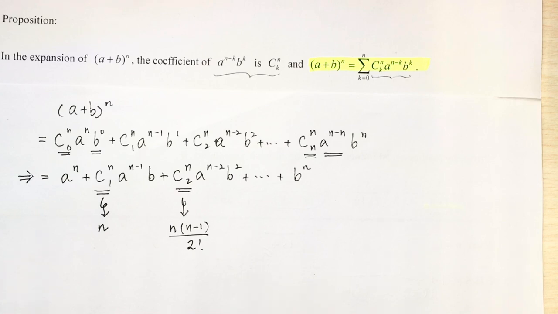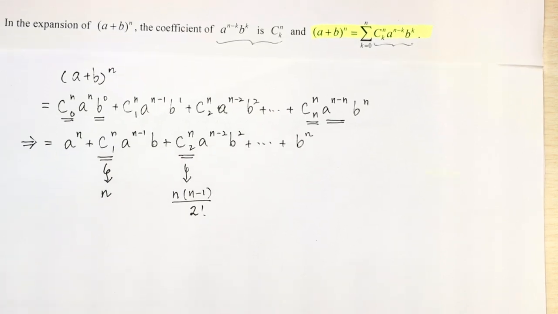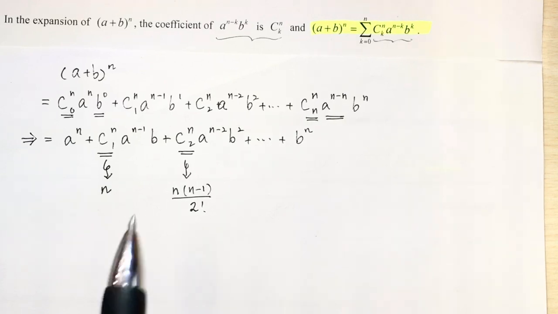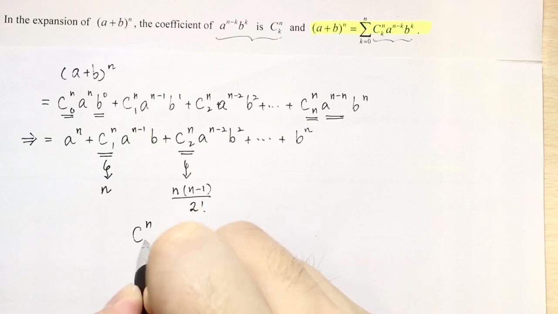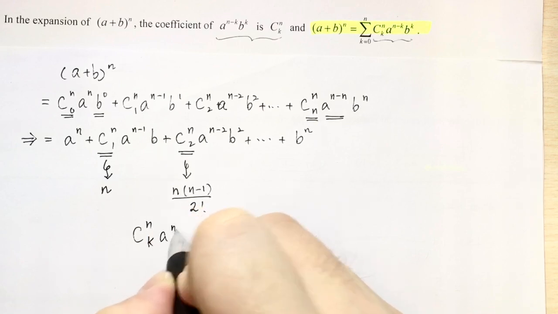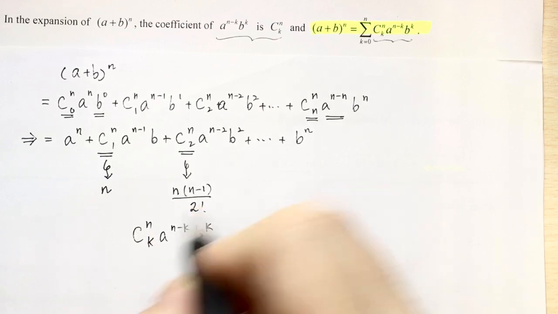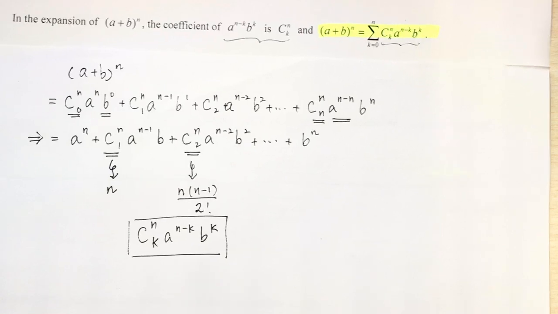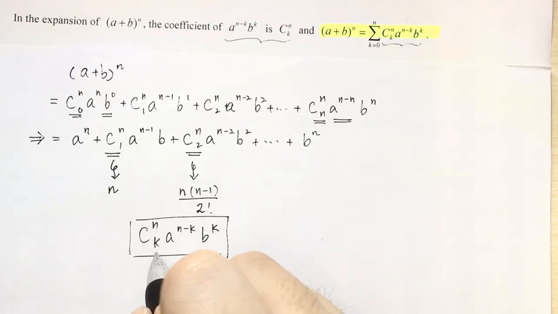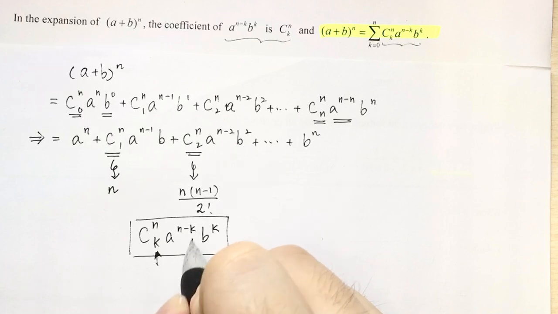Now, I would like to tell you one thing about this term. We call it the general term of the expansion of (a plus b) to the power of n. But I would like you to pay attention to the value of k here.